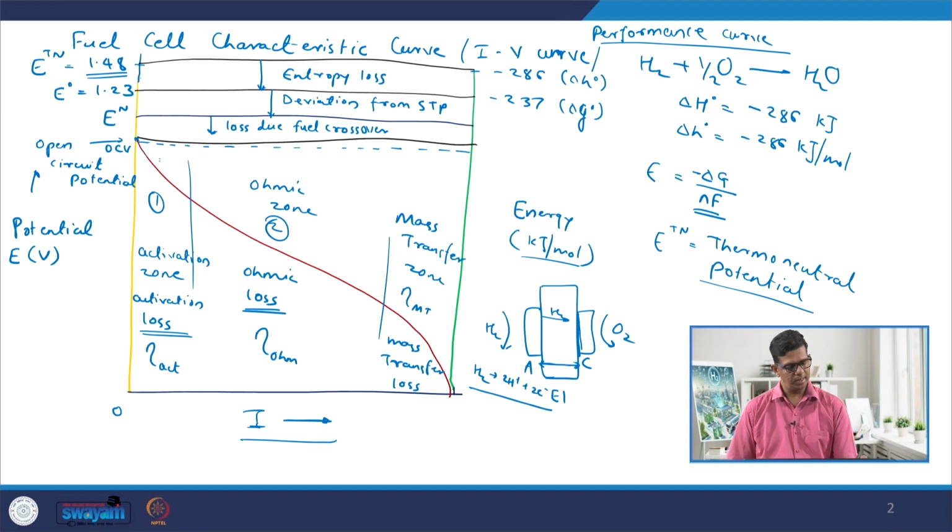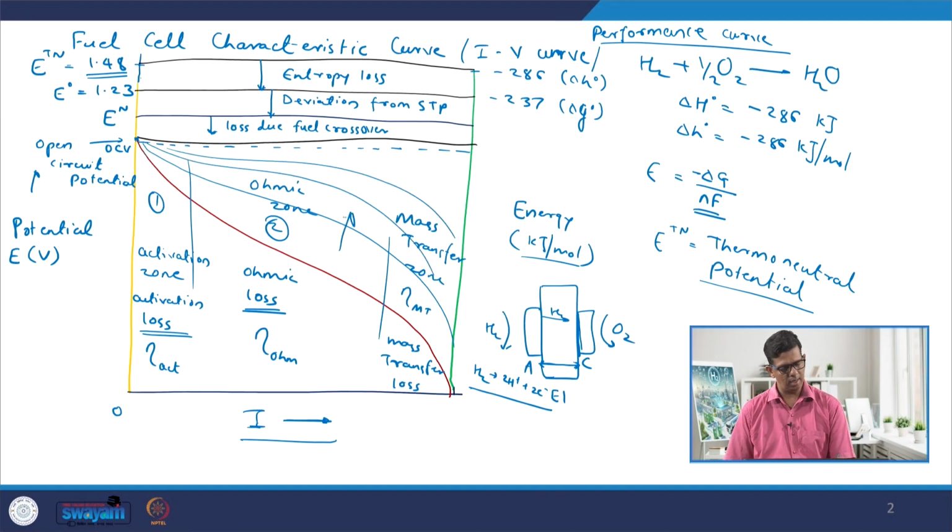So, efforts are basically to make this probably like this or even like this. It should go as high as possible so that the losses that are incurred in the cell get minimized. So, let me rub this up.